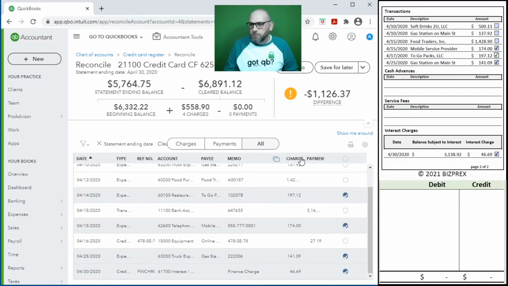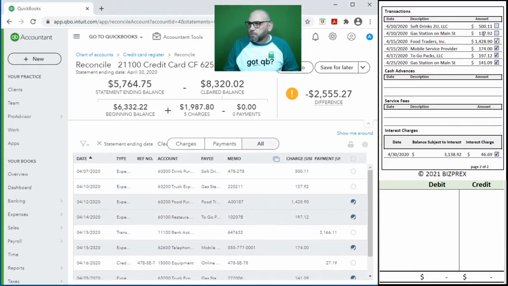Again, this is our online version, so we have to play with it a little bit to see. Okay, here we are. That's our chart right here.